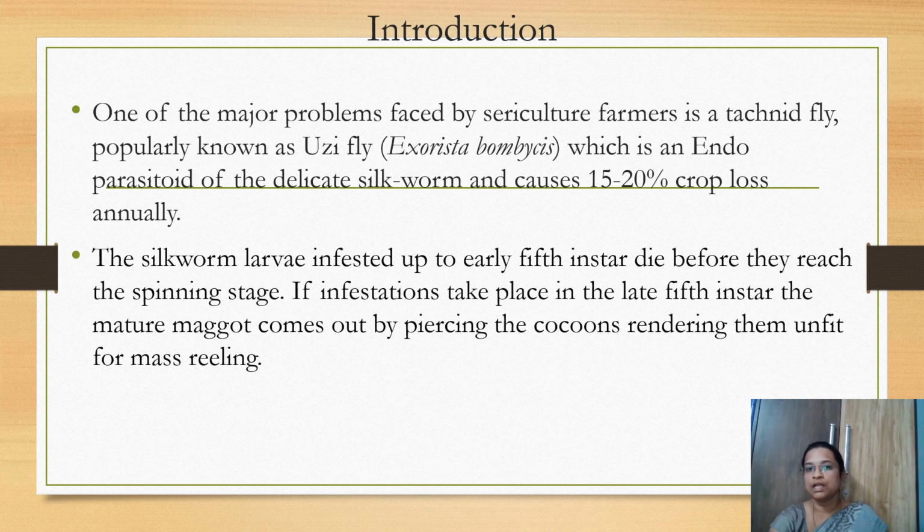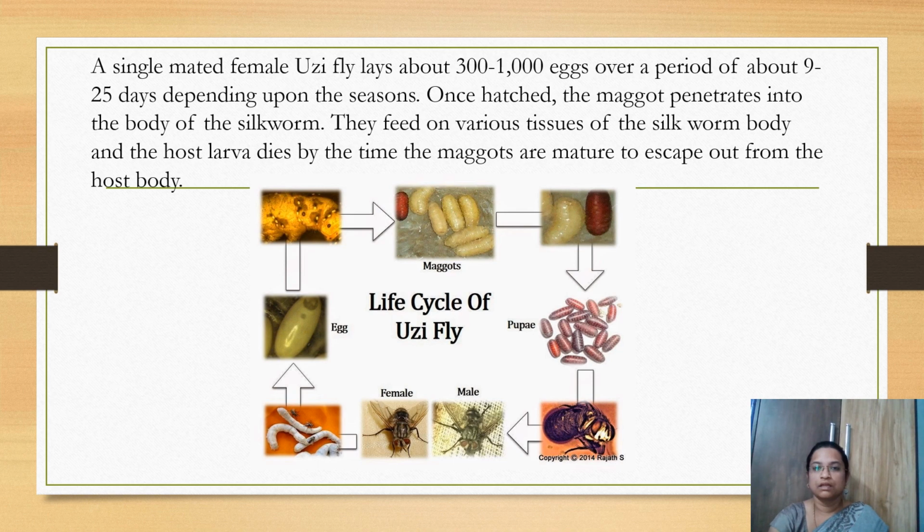The silkworm larvae infested up to the early 5th instar die before they reach the spinning stage. If infestation takes place in the late 5th instar, the mature maggot comes out by piercing the cocoons, rendering them unfit for mass reeling. The uzi fly is a holometabolous insect, as it passes through different stages of the life cycle such as egg, maggot, pupa and then adult.